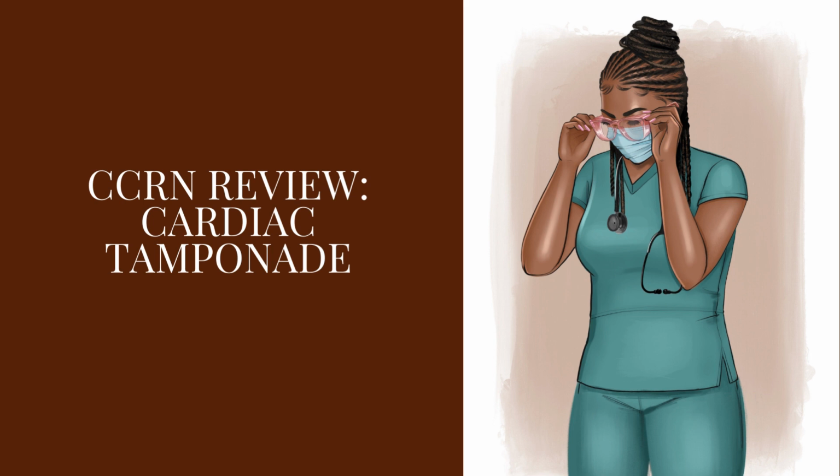When you do your assessment on the patient, you might find something called Beck's triad. Beck's triad is when the patient is hypotensive, the patient has distended neck veins, and the patient has muffled heart sounds. It's three things. So that's the Beck's triad regarding cardiac tamponade.